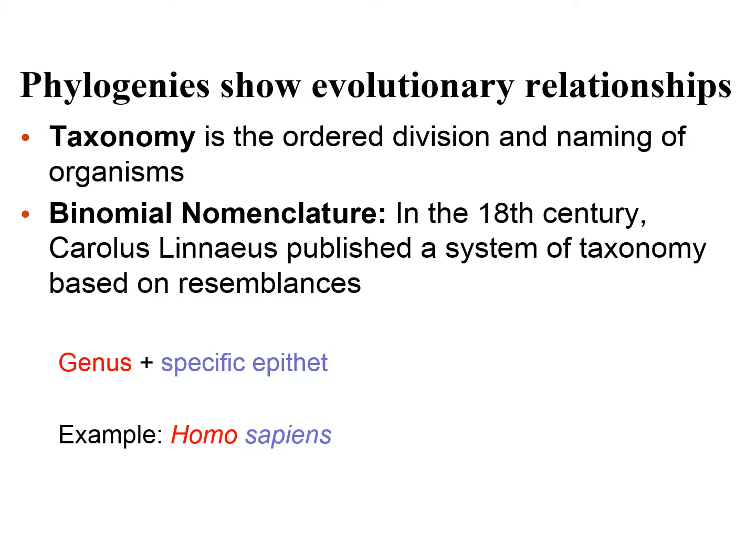Another branch of evolutionary biology is taxonomy, which is a naming system. Taxonomy allows us to name organisms in a logical way based on similarities that they share. This approach was hallmarked by the scientist Carolus Linnaeus in the 18th century, and he developed a very logical system for naming different species.